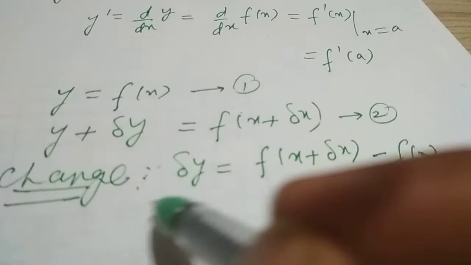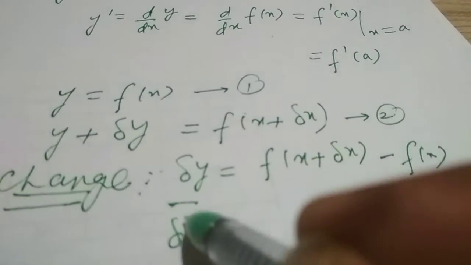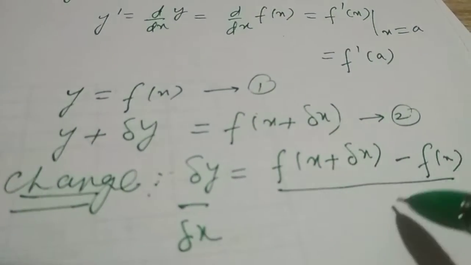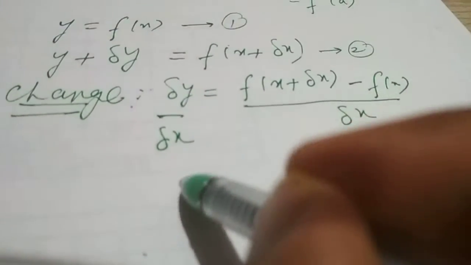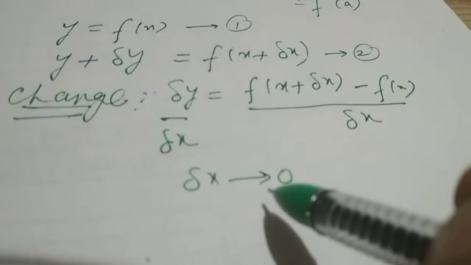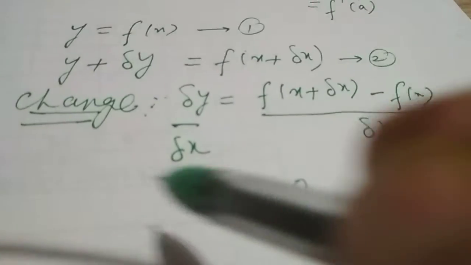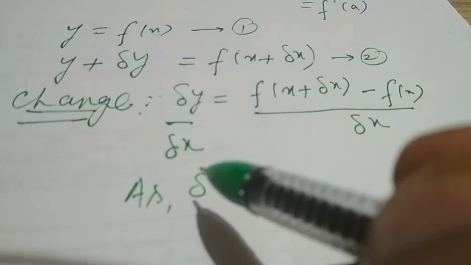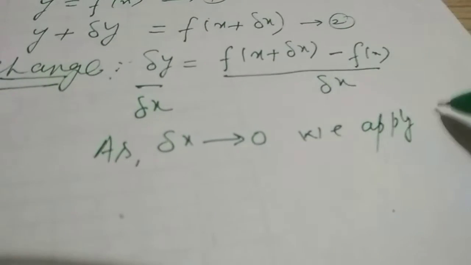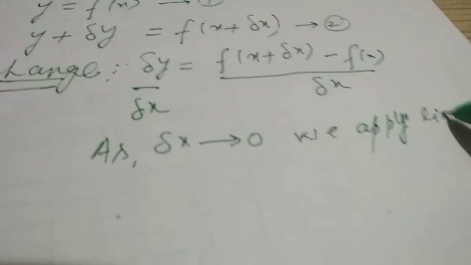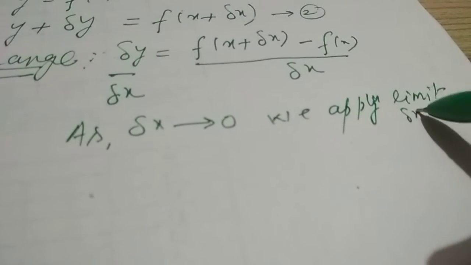Then we divide the whole equation by delta x, and since delta x is tending to 0, we apply limit as delta x tends to 0 on both sides.